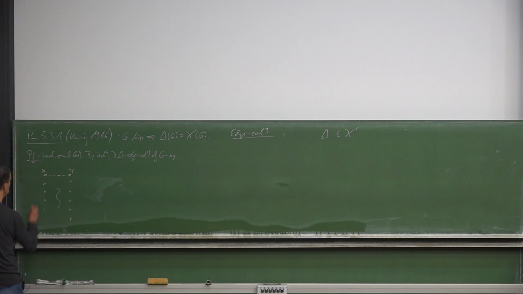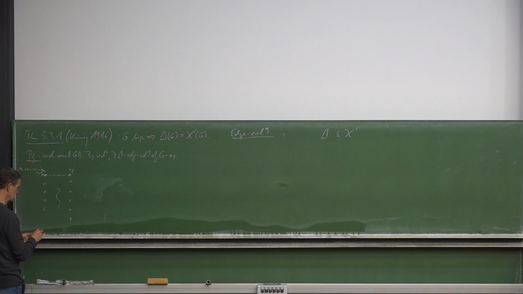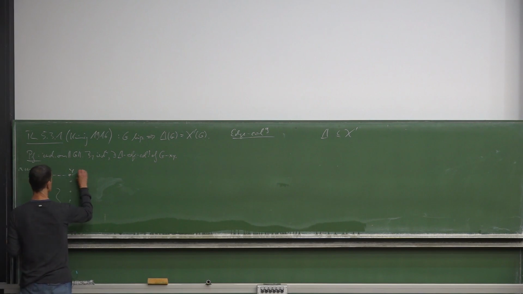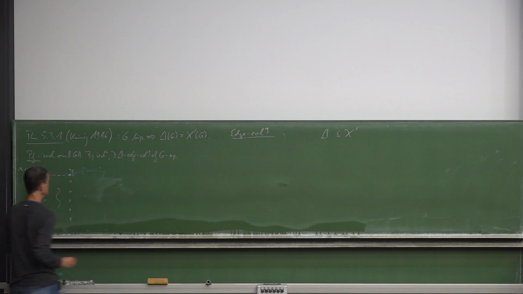So let's say that color alpha is missing in this coloring at the vertex X. And say the color beta is missing at the vertex Y.